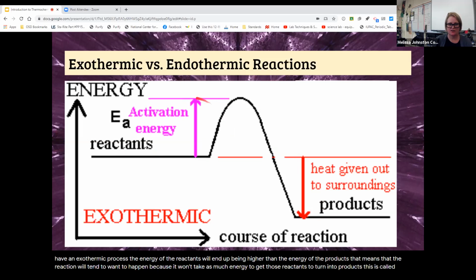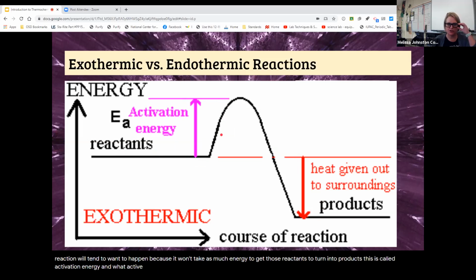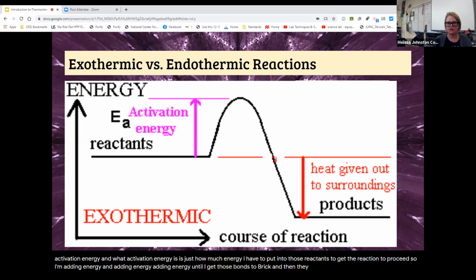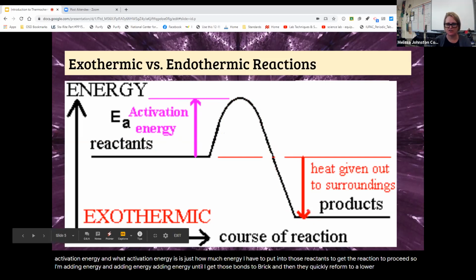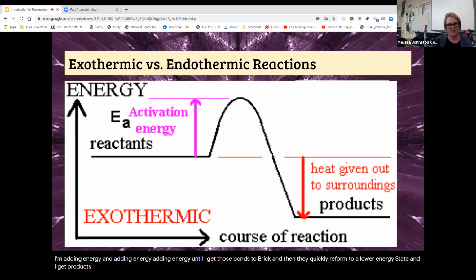This is called activation energy. And what activation energy is, is just how much energy I have to put into those reactants to get the reaction to proceed. So I'm adding energy and adding energy, adding energy until I get those bonds to break, and then they quickly reform to a lower energy state and I get products. What I feel as being on the outside of this system is a temperature change. Temperature has gone up.